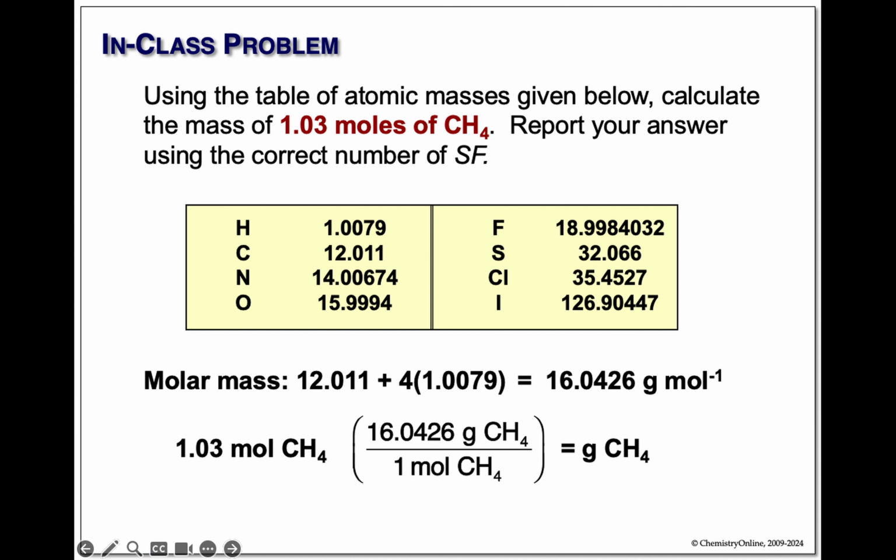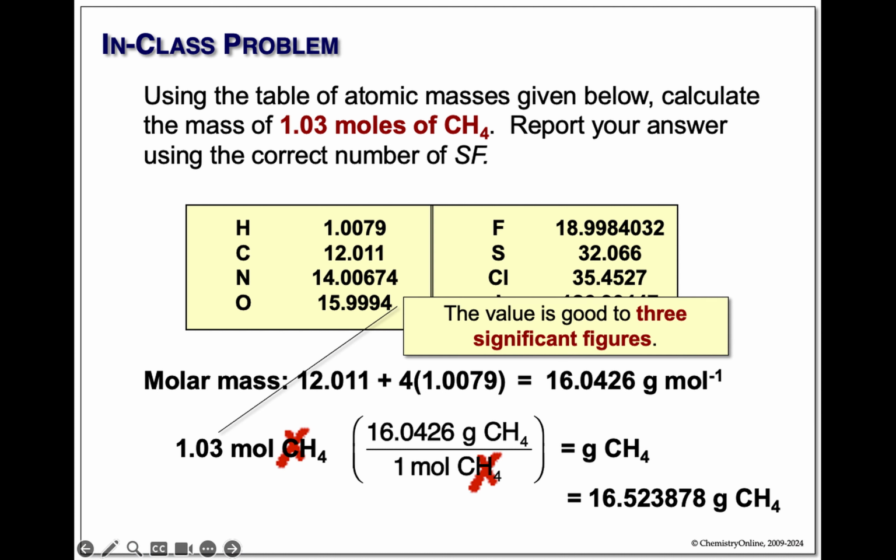Simply multiply these out, and we get this guy. Now we look at our significant figures. 1.03, so that's 3 of them. Round this to 16.5. Any questions?